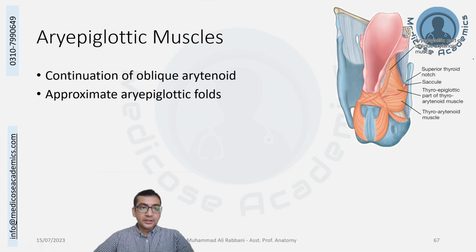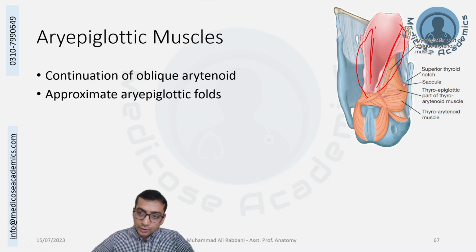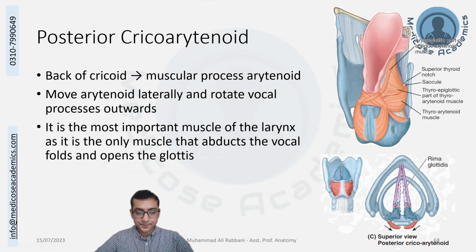It is basically the continuation of the oblique arytenoid, and as you can see, it goes through the aryepiglottic fold. When it contracts, it becomes straightened. So in short, it helps in narrowing the laryngeal inlet. It approximates the aryepiglottic folds.